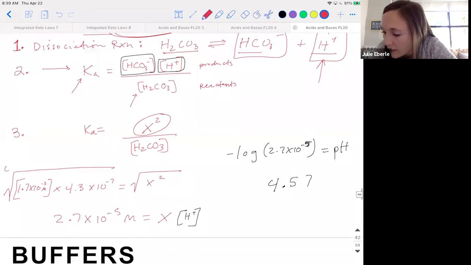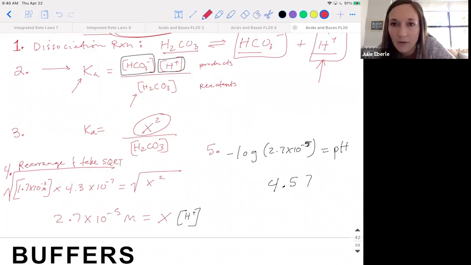Step 4, we rearranged our equation and took the square root of both sides. Rearrange and take the square root. And then step 5, this is a 5-step problem here. You take the negative log of your value for X, which is H+, and you get pH.